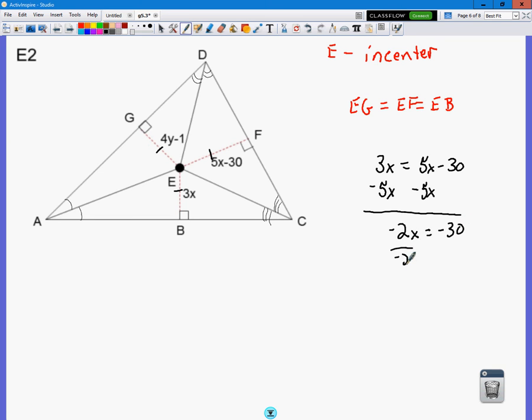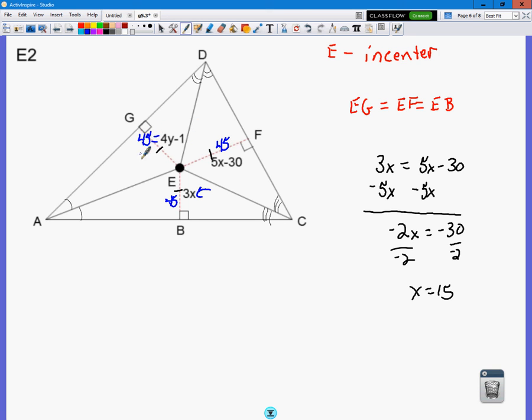And I'm going to divide both sides by negative 2. x is equal to 15. What should I do with that 15? Plug it back in. What is 3 times 15? 45. So each one of these segments should be 45 units long.